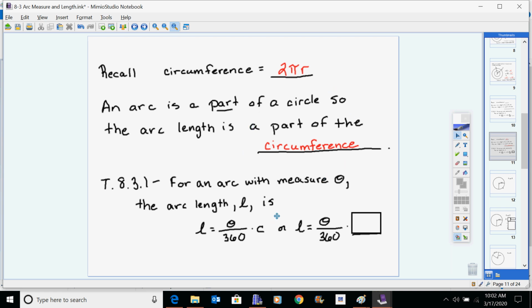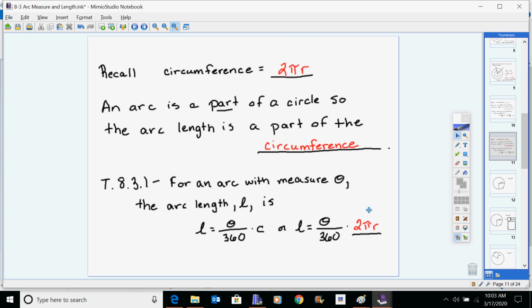So our theorem says the amount of all the way around that you're looking at is when you take the number of degrees that are in that length and divide it by 360 to get a part of the whole 360 degrees times the circumference.